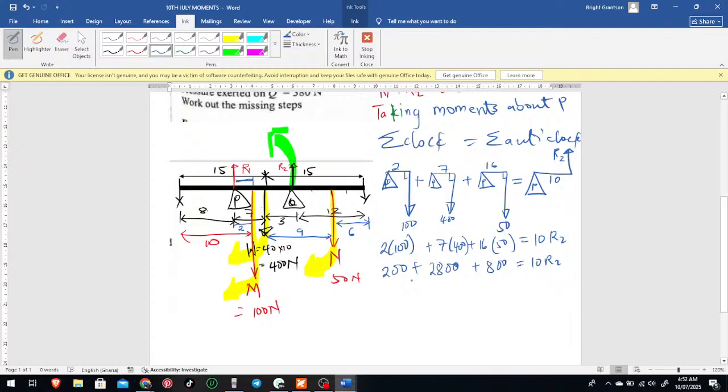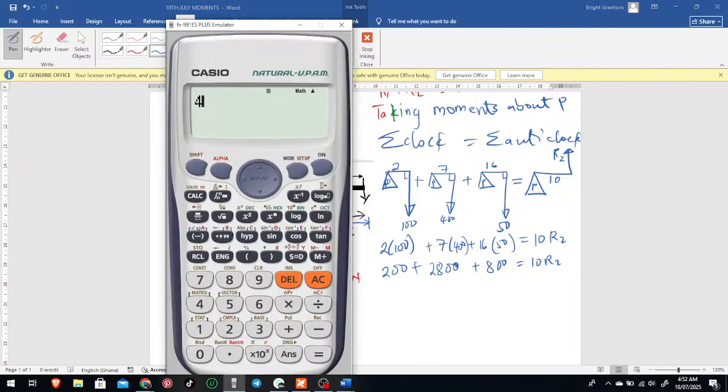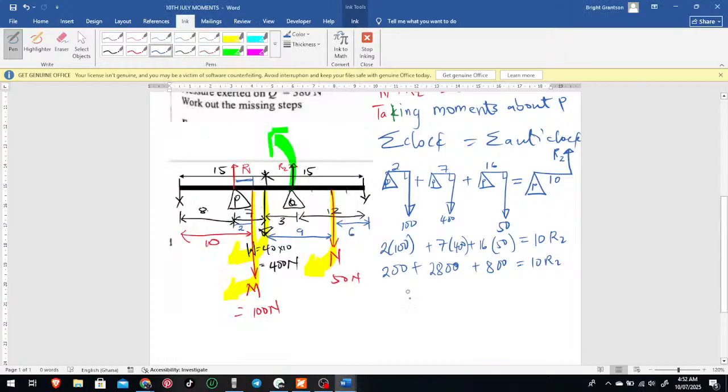So now let's solve it. This gives us 800 plus 200 plus 800, 3,800.